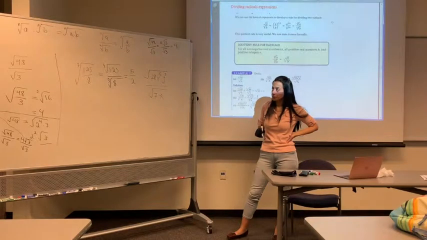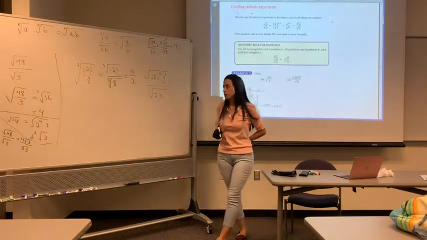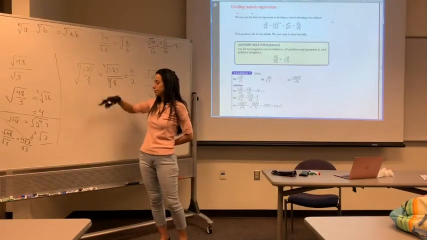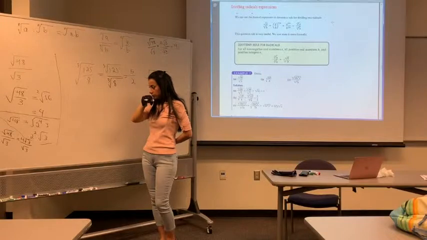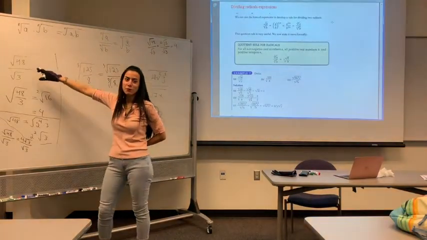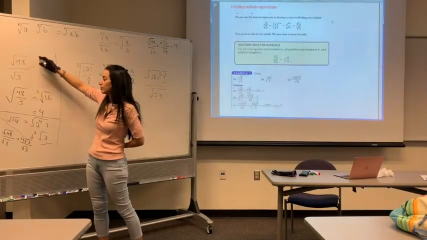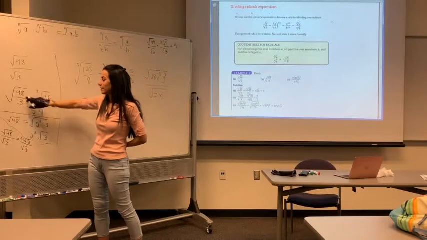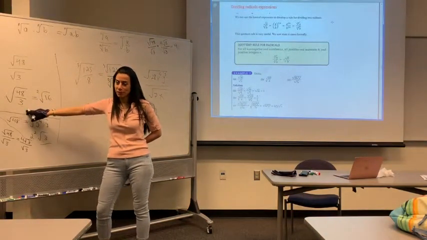So it depends on how easily you can divide them or apply the radical. For this example, both ways worked. So I first combined them and then divided them because we could easily divide 48 by 3, correct?